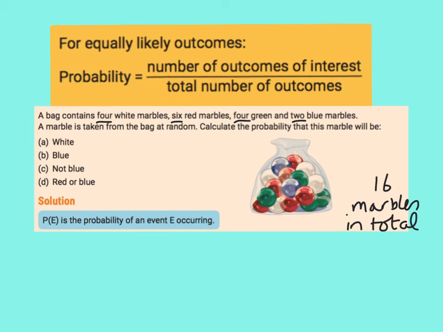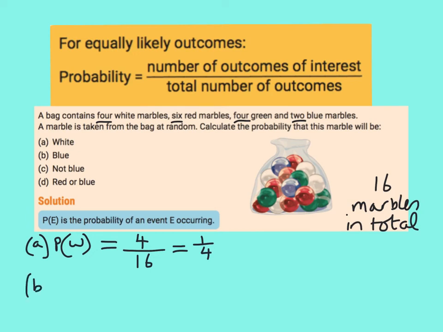It'd be a good idea to take down this question as well as another example, similar to what we would normally do in class. So now we have the P of E, so let's say the first one here is the P of white, call it W. And that's going to be, we know that there's 4 white marbles in total, over the total number of marbles, 16. So 4 over 16, which gives me 1/4, or also 0.25.